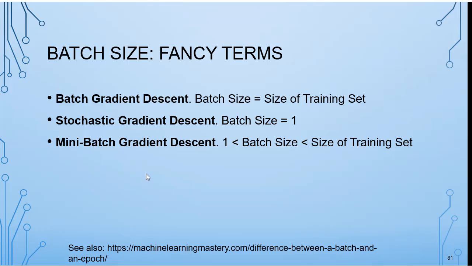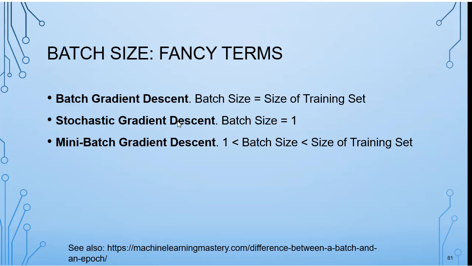If you say that you are doing batch gradient descent, that means you are training with the entire training set every single time. If you talk about using stochastic gradient descent, that means your batches have a size of 1, so every single element in your training set gets tested individually.